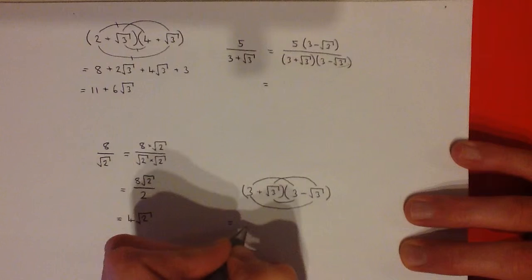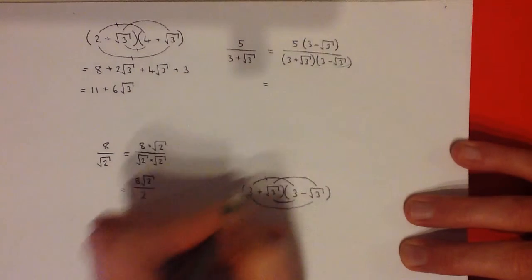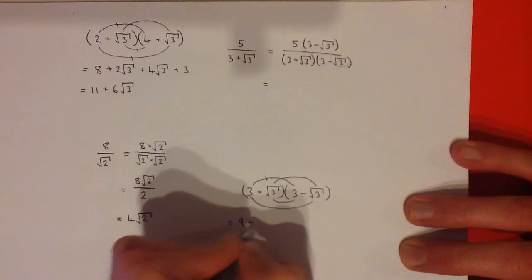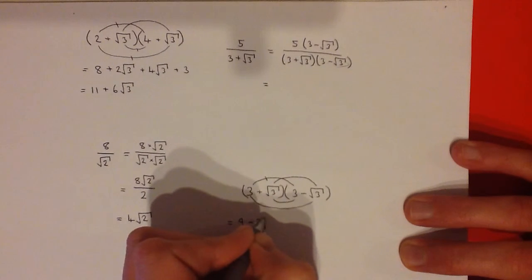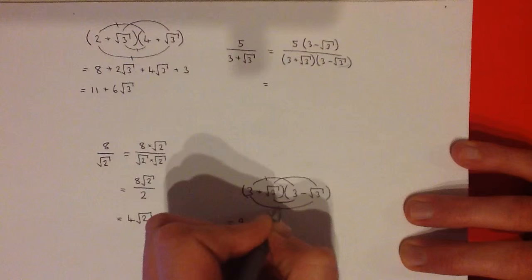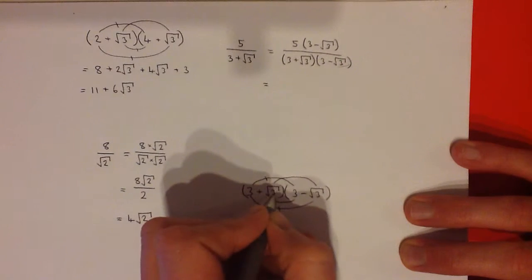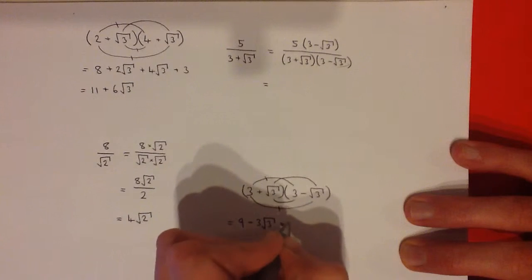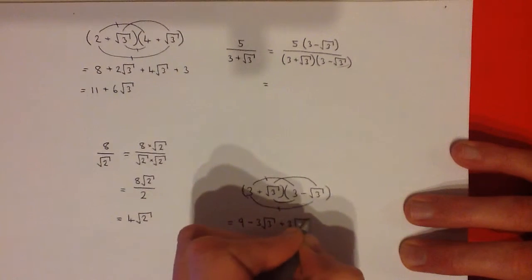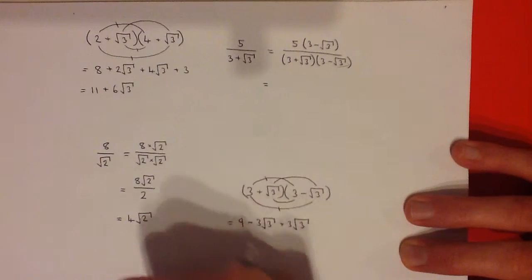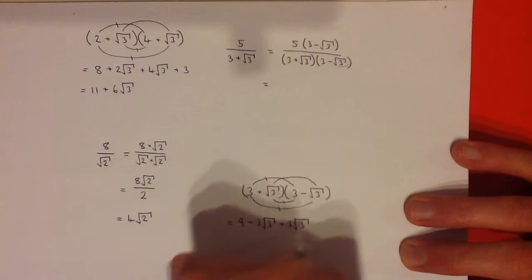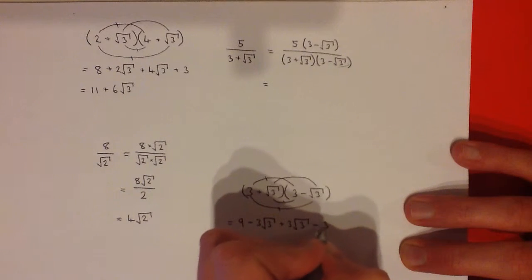We have 3 times 3, which is 9. We have 3 times negative square root of 3, so we have negative 3 square root of 3. We have positive square root of 3 times positive 3, so we have plus 3 square root of 3. And finally, we have square root of 3 times the negative square root of 3, which gives us negative 3.